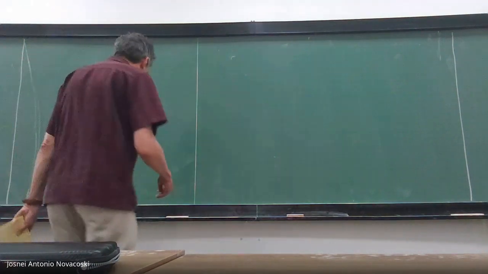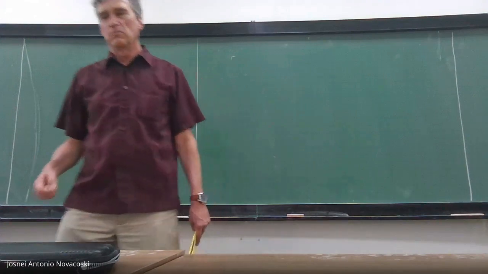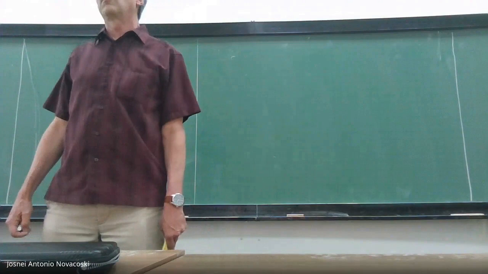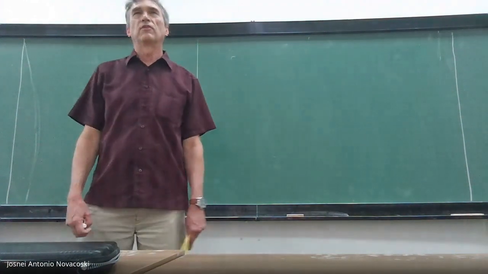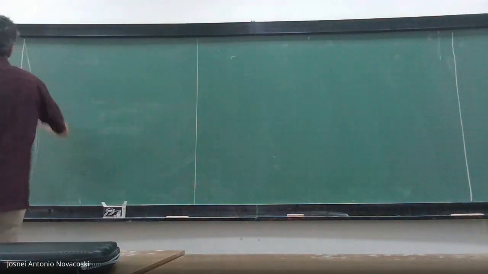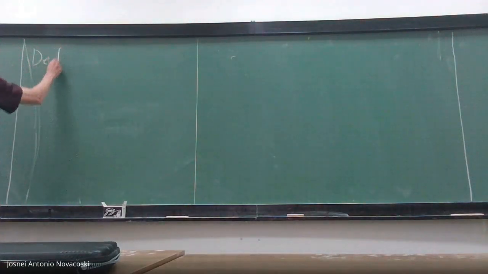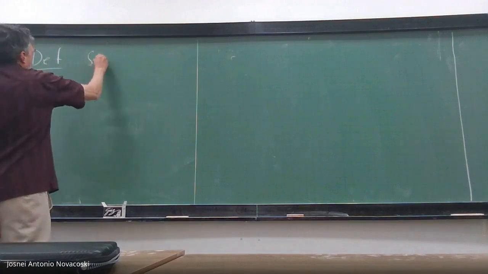So I'll start out by giving a definition of what this means, and then I will just tell you what the different terms in it mean. Okay, so this is the definition. Let's suppose that X is a scheme.